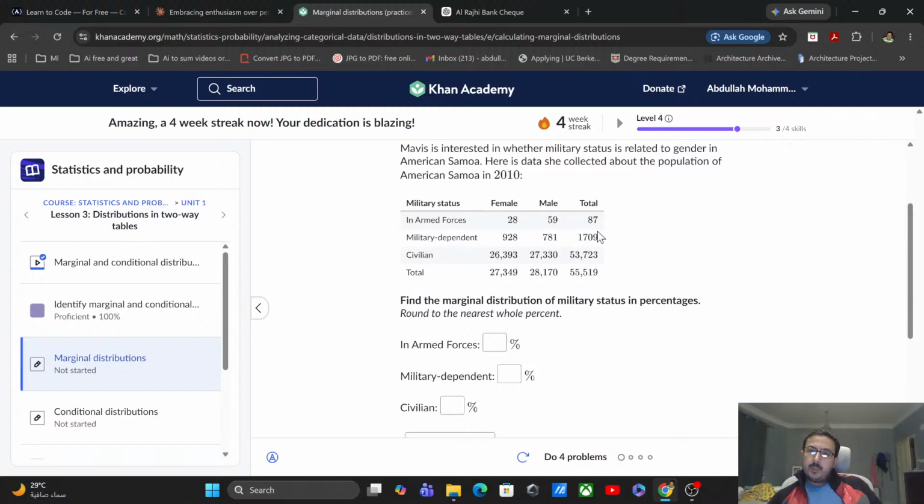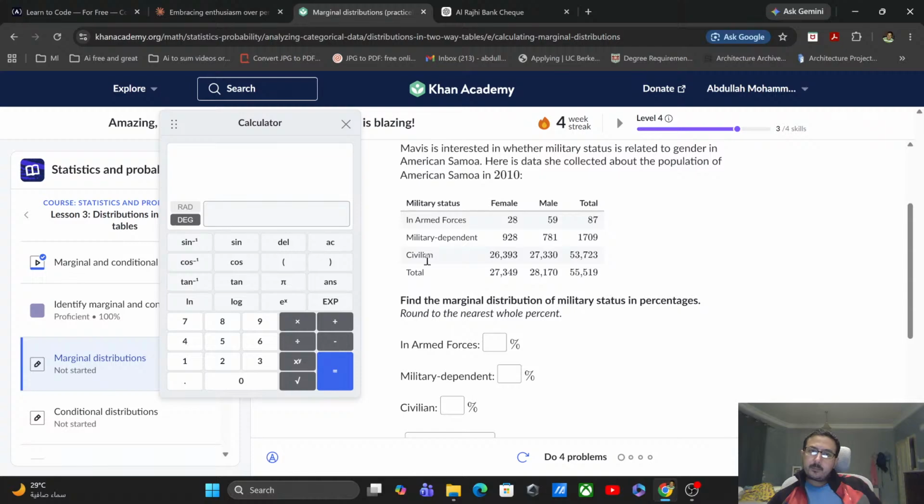Now in armed forces, 87 over 55,519. Here's 12%.